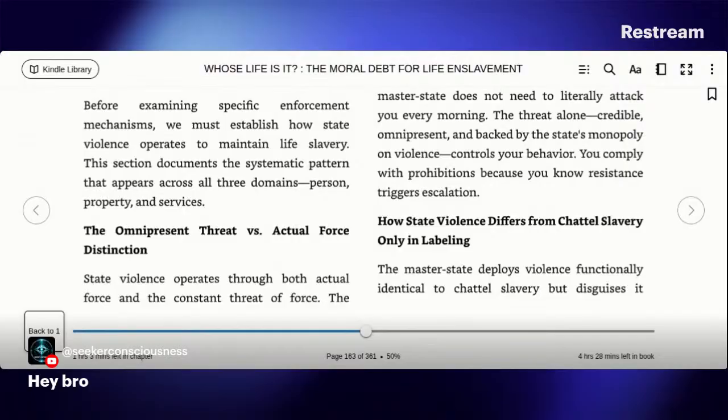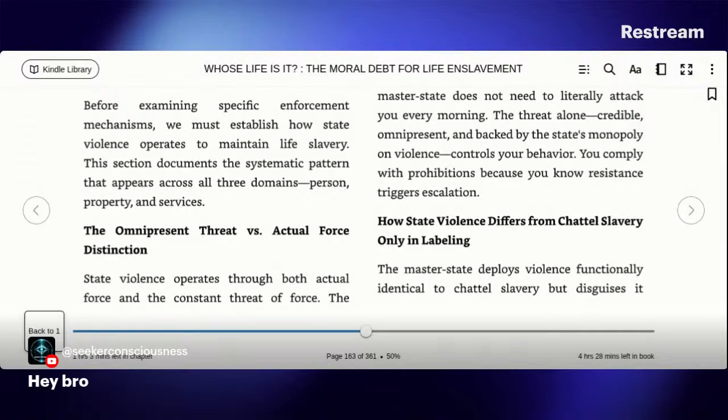State violence operates through both actual force and a constant threat of force. The master state does not need to literally attack you every morning. The threat alone, credible, omnipresent, and backed by the state's monopoly on violence, controls your behavior. You comply with prohibitions because you know resistance triggers escalation.